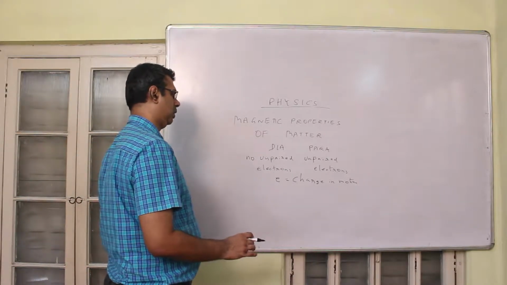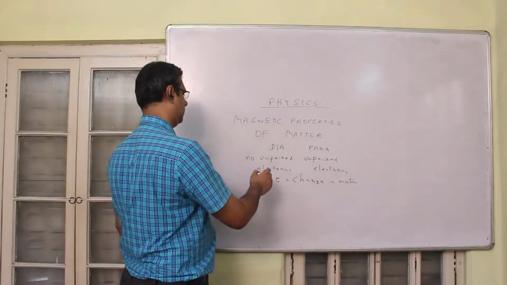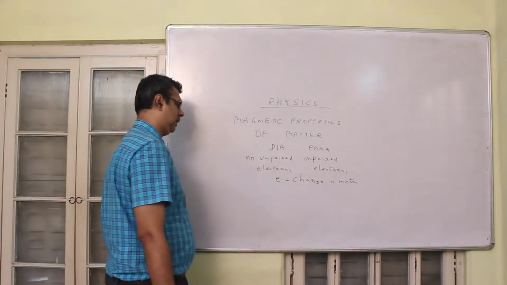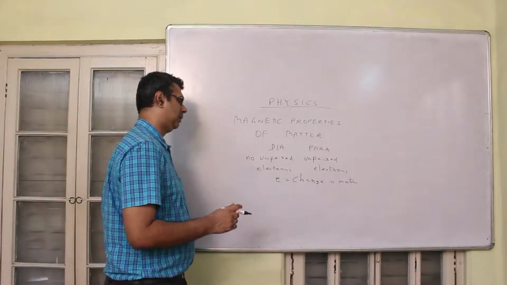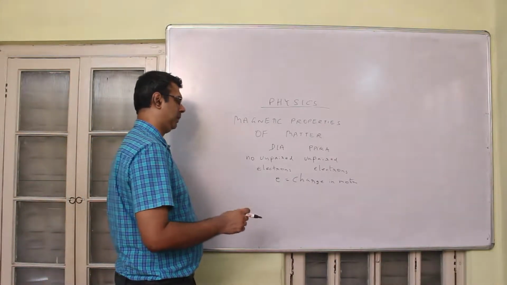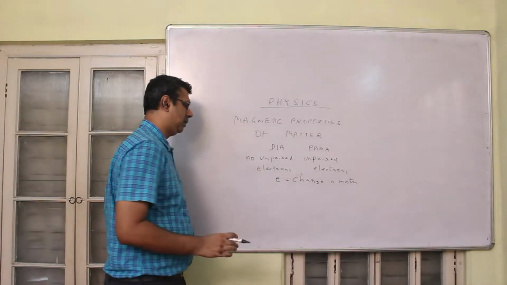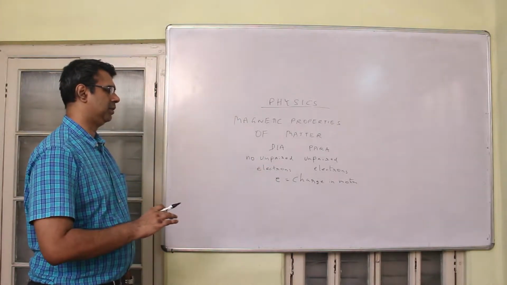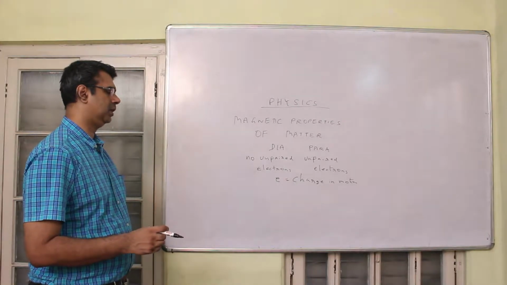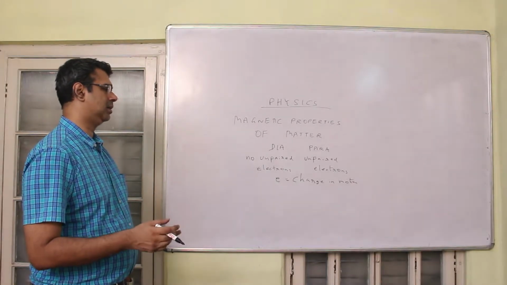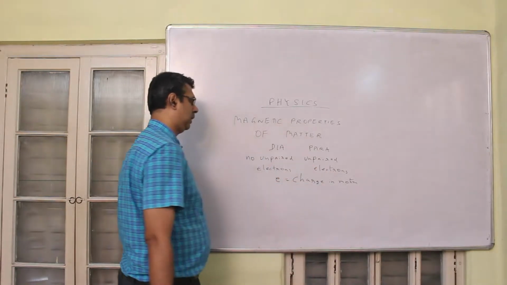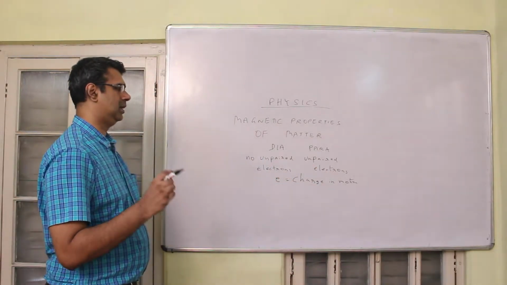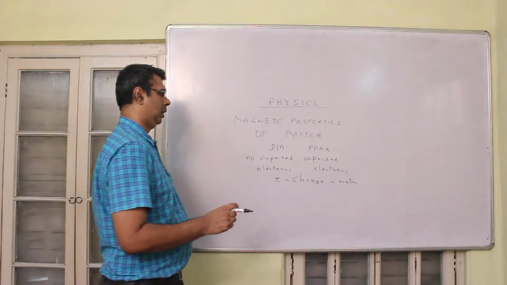Now it is found that if you have no unpaired electrons, that means all the electrons are paired, then the magnetism cancels out in pairs. Now if there are unpaired electrons, then there is a net magnetism.